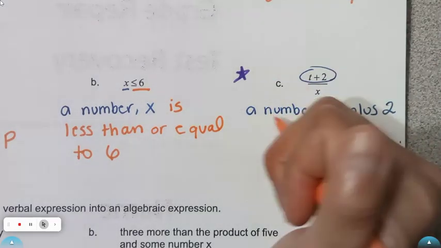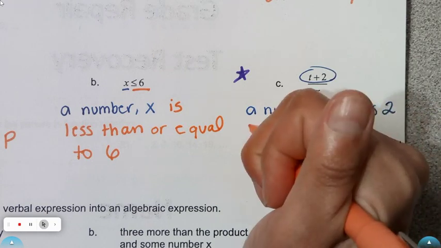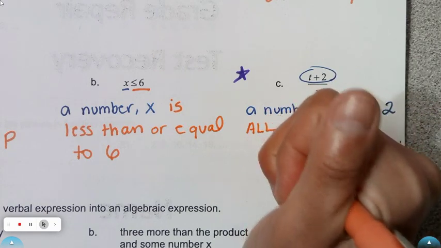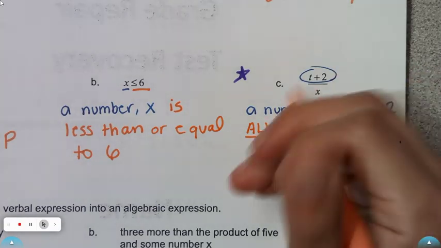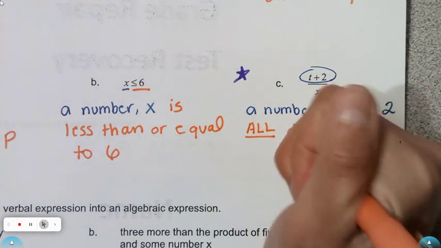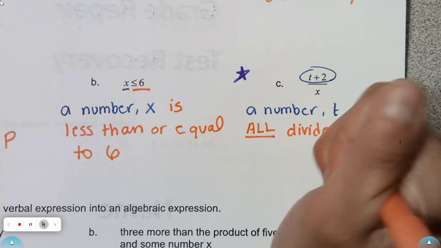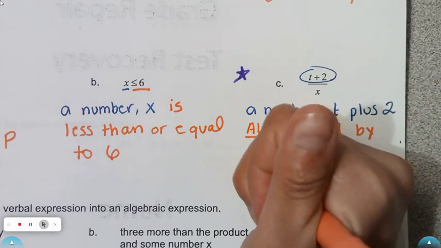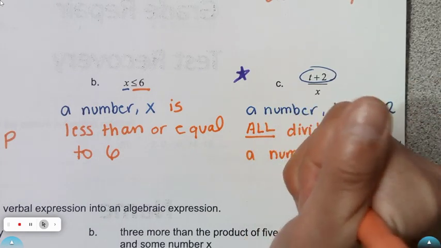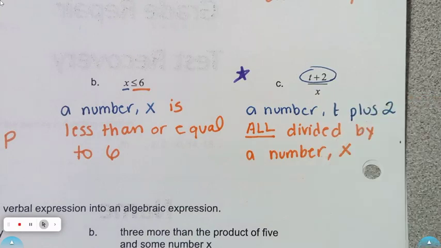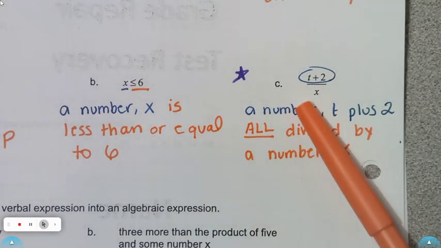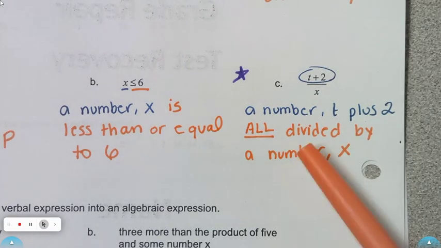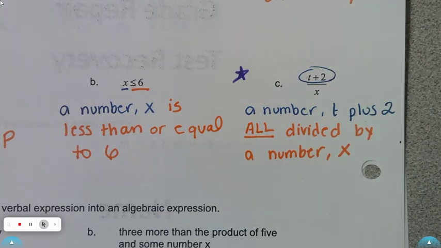So we have to be super careful. We can't just say divided by, we have to make sure we include this word all, because all of the top is being divided. So all divided by a number x. So C is probably as complicated as they get because you have multiple variables, so just be super careful with problems like that. Okay, perfect.